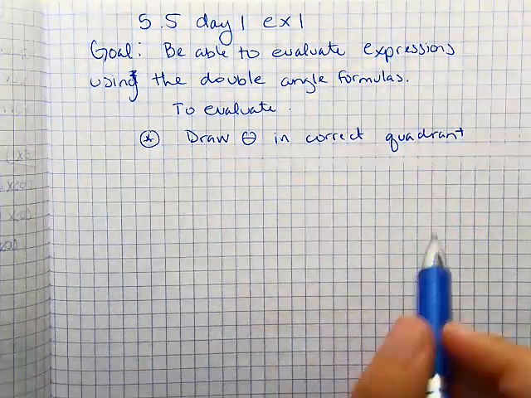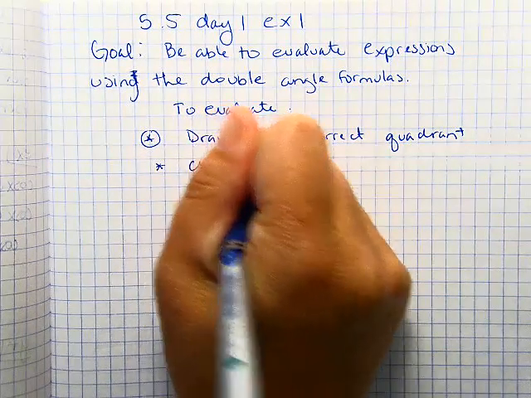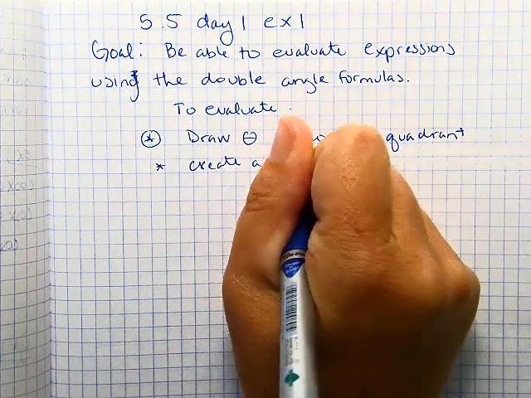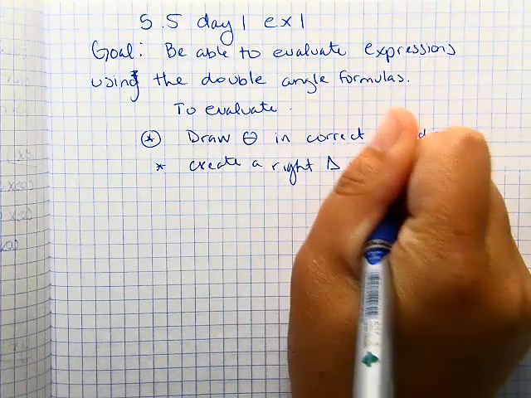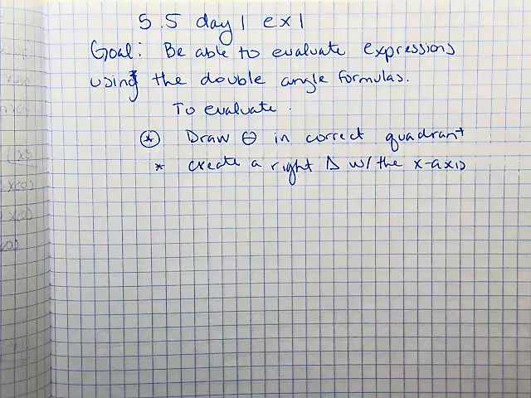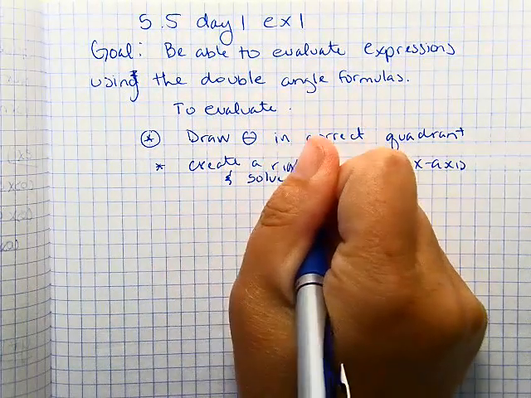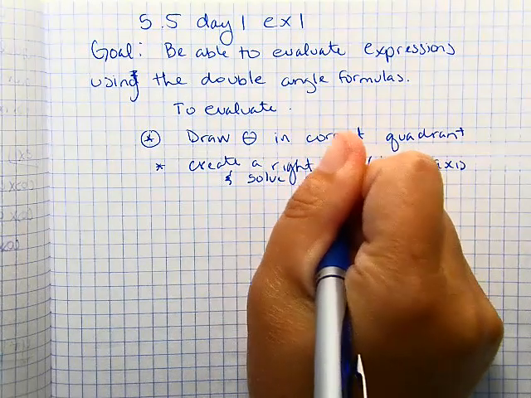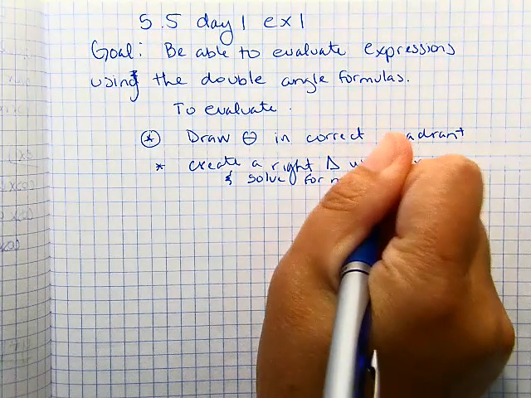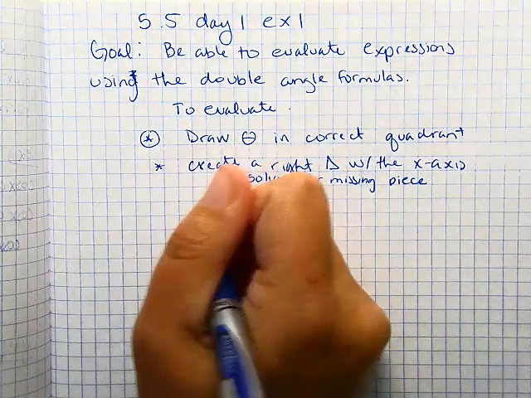Then we're going to create a right triangle with the x-axis and solve for a missing piece. So this should seem pretty familiar. And then finally we will plug into formulas and evaluate.